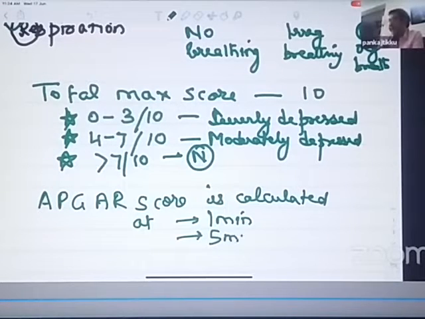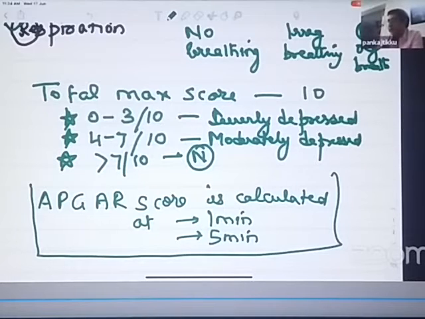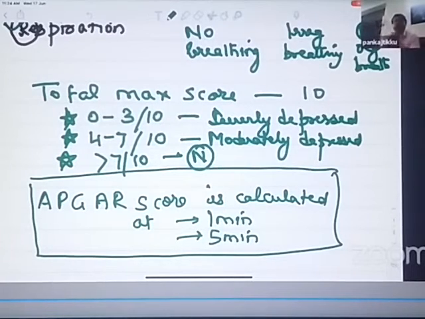Apgar score is never calculated at birth. So when do we start calculating the Apgar score? Appearance, pulse, grimace, activity, tone. But do we start calculating the Apgar score immediately at birth? Answer is no. We normally calculate the Apgar score at 1 minute and 5 minutes.